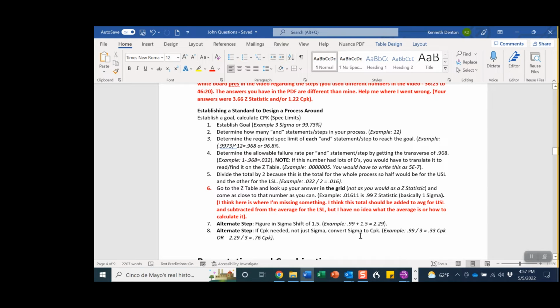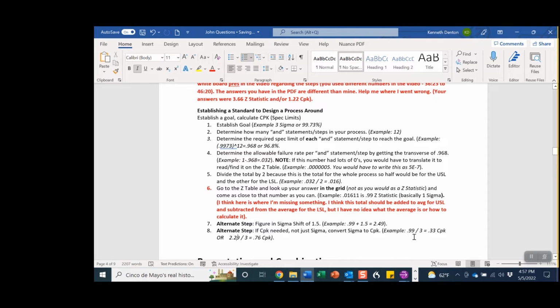Okay, let me see. Plus 1.5 equals 2.49. Okay. Now you take that and divide it by 3. You divided it by 0.99. You need to take that 2.49 divided by 3.